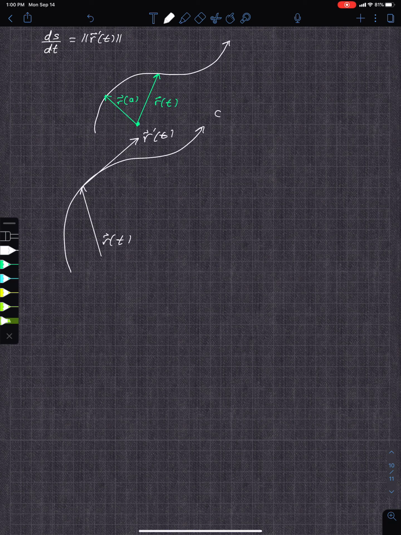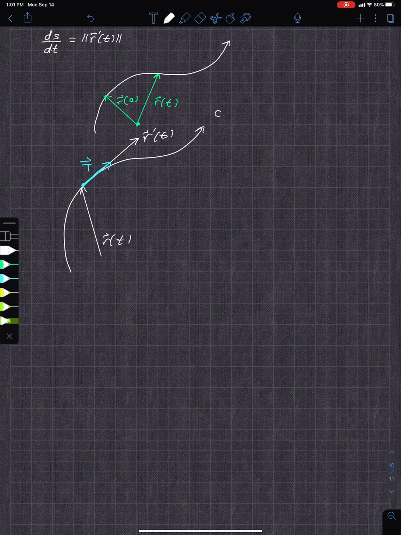What we want to do is make that a unit vector. And what do we do to make that a unit vector? We're going to call that T.